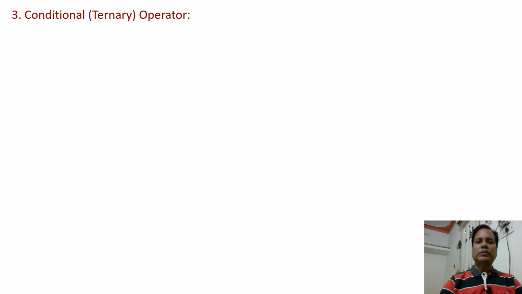Now next is the conditional operator. This conditional operator is also called the ternary operator. Previous to this we have already discussed arithmetic operators, then the assignment operator, and the third category of operator we are talking about is the conditional operator.